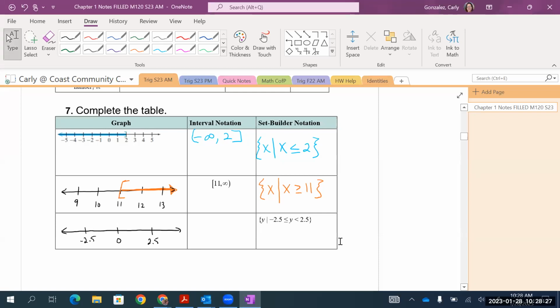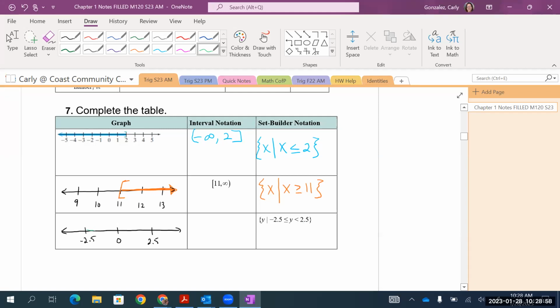Now, anytime we have an inequality where you have a variable in between two numbers, as long as the symbols are both facing the same direction, and it is true that negative 2.5 is less than 2.5, then it's simply saying numbers in between negative 2.5 and 2.5.